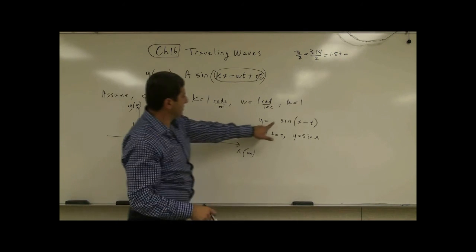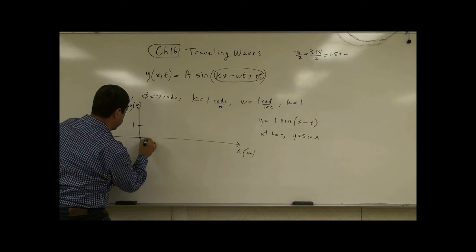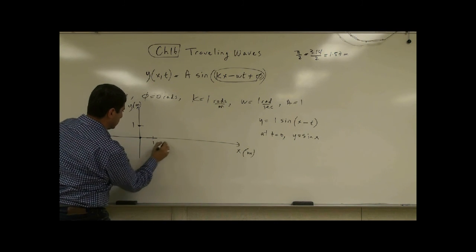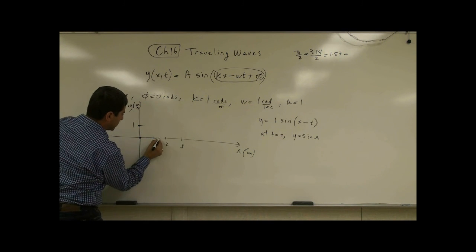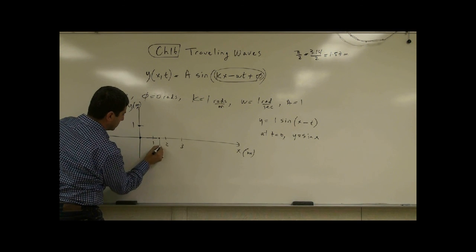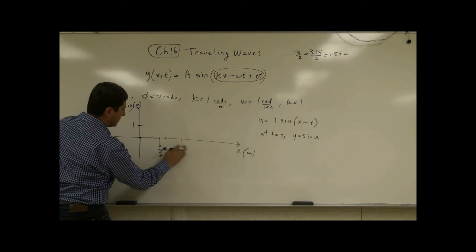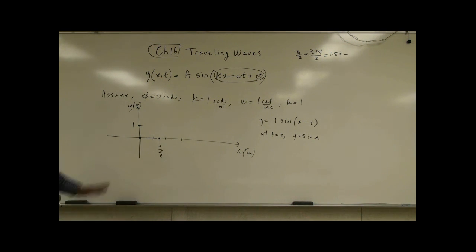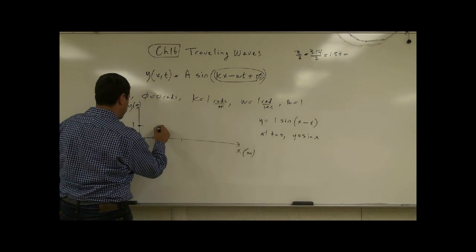So if the amplitude of the wave is 1, I write this as 1, and then therefore this is 1, this is 2, this is 3. So pi over 2 would be somewhere here, right? Now I can erase my 1, 2, and 3, and just concentrate on the pi over 2. So at pi over 2, the wave would be here, right?